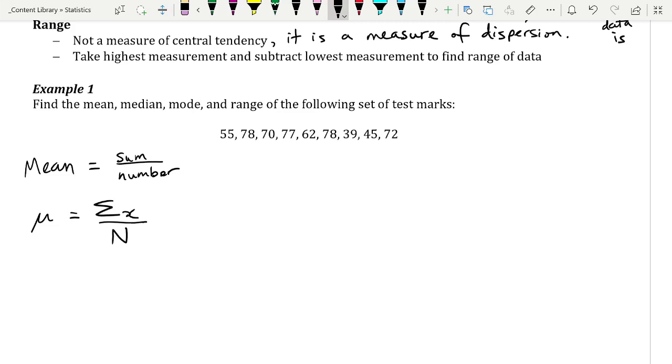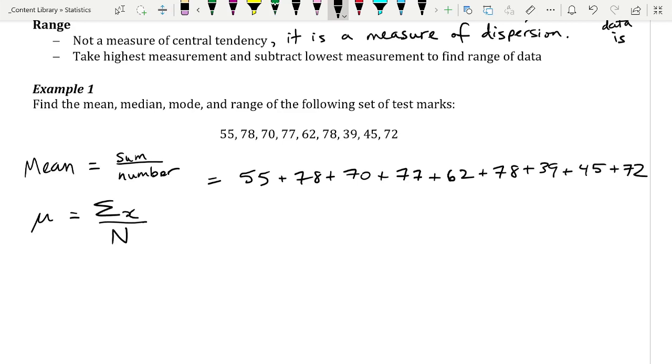Okay, so let's do that. How much is the mean? It's going to be 55 plus 78 plus 70 plus 77 plus 62 plus 78 plus 39 plus 45 plus 72. And I like to make sure that I didn't lose anybody.